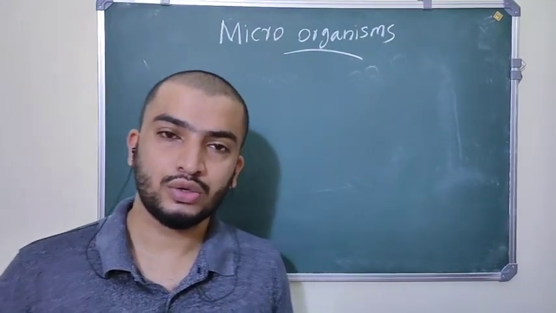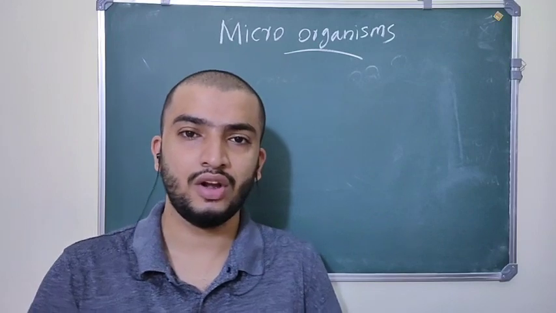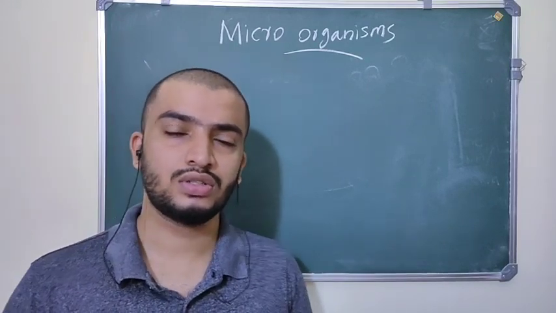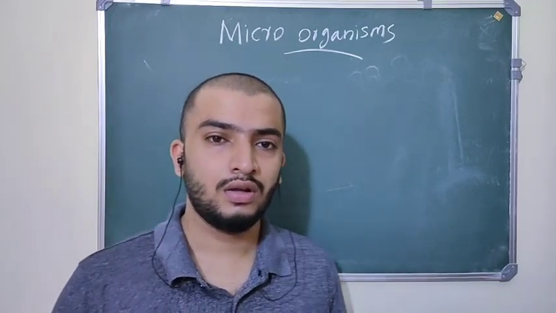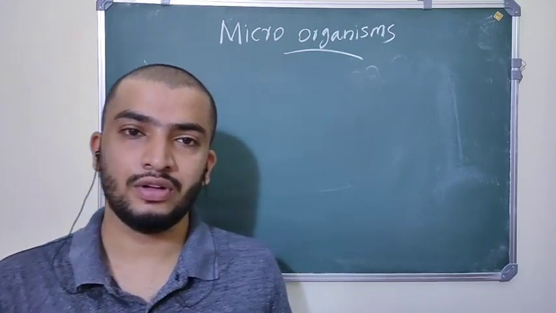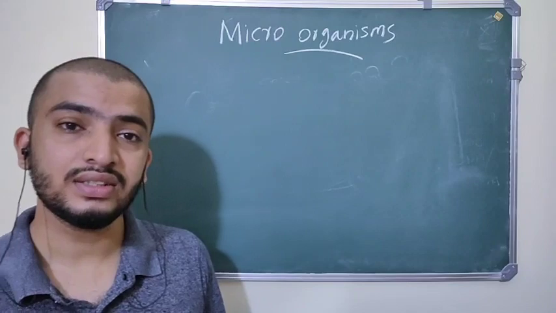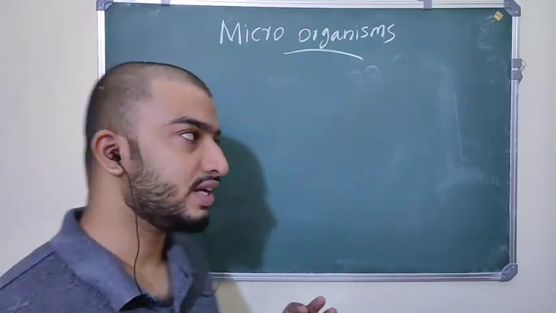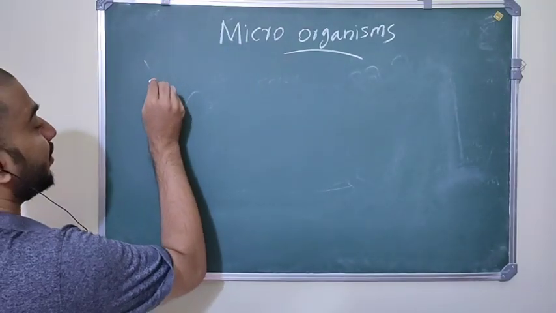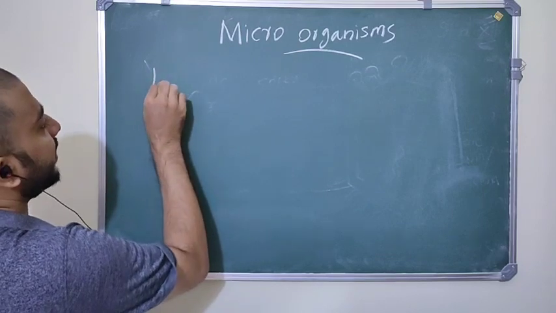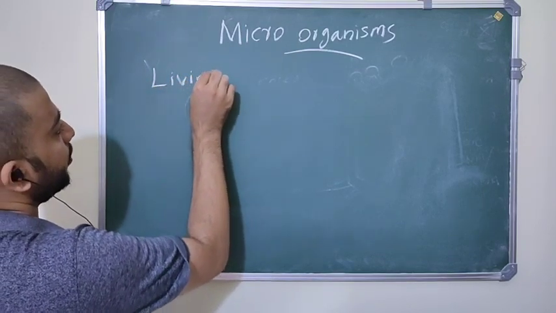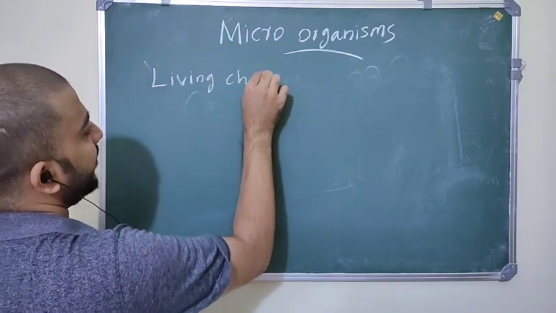Viruses show both living character and non-living character. So what are those living characters? The first one: viruses respond to heat, chemicals and radiation. So we are going to discuss living characters shown by virus.